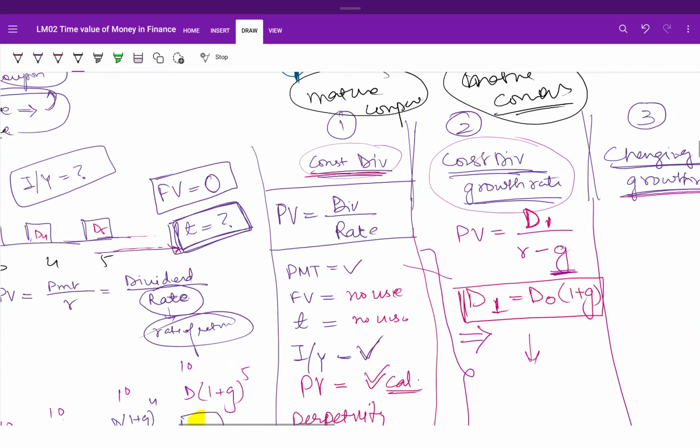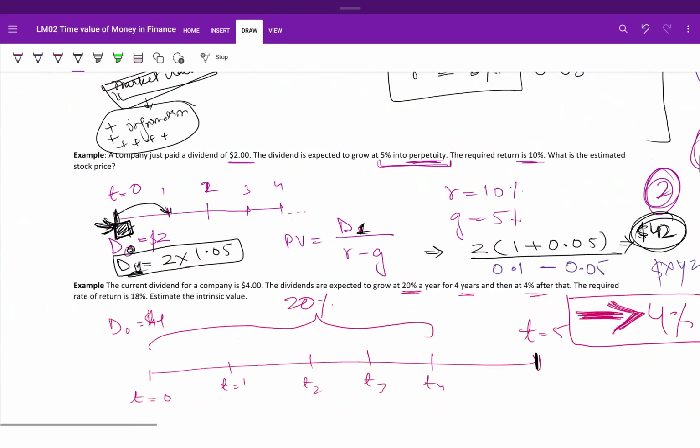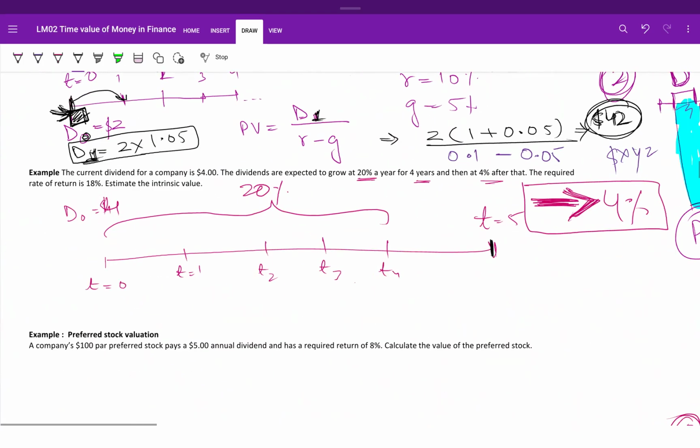From this point forward, it is dividend D1 divided by rate minus g at time 5. Time 5 is D1, so we need to calculate D0 to calculate our D1. I hope this is understood.